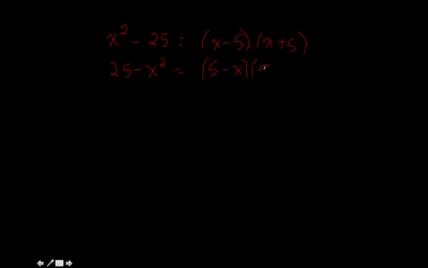So if you see x squared minus 25, it's x minus 5, x plus 5. If you see 25 minus x squared, you can factor out the negative 1 and make it this, or you can just go 5 minus x, 5 plus x.